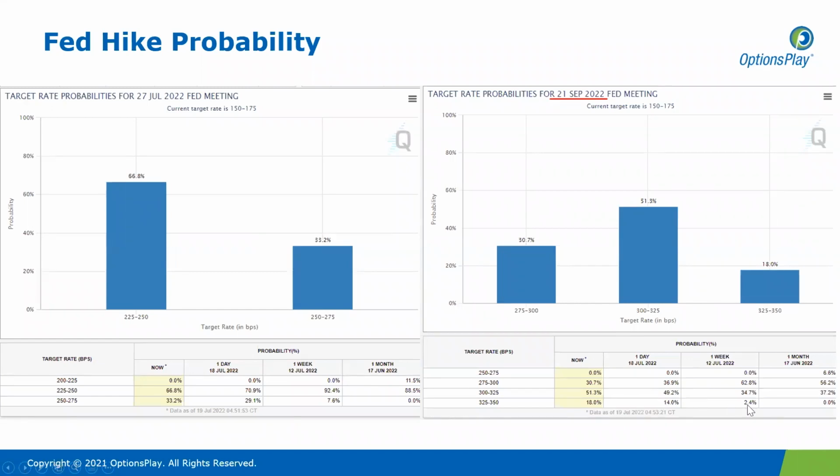That is now at 18%. So still not too concerning, but this number here is definitely more concerning for me, that extra 25 point hike that has not yet been priced in, in my opinion.